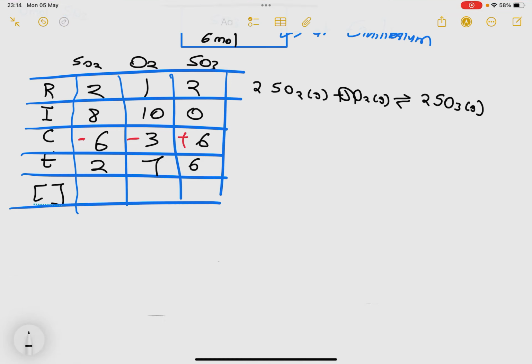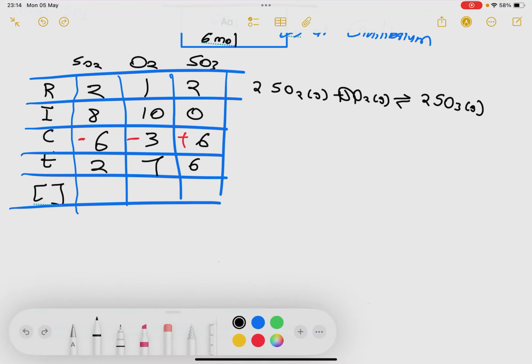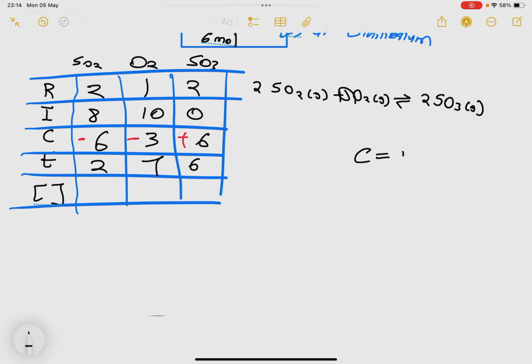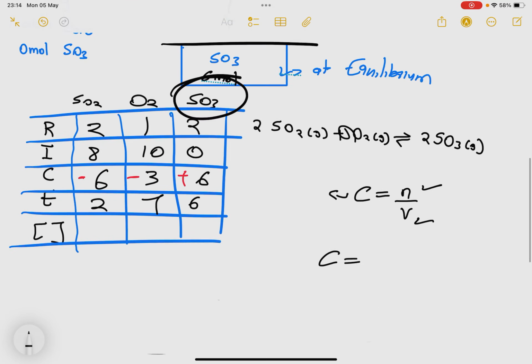Now you want to find your concentration, isn't it? To find your concentration, you want to use the formula for concentration, and you're going to find this in your answer book. The formula for concentration is C equals N divided by V. This is concentration, this is your mole, and this is your volume. Let's say we want to find the concentration of SO3.